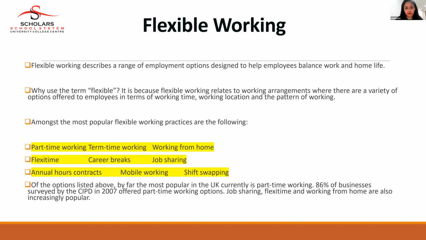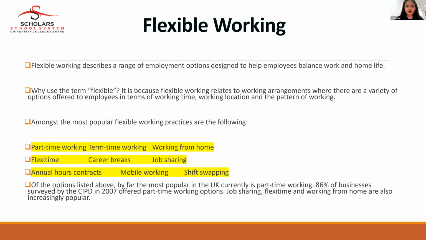If the organization is able to give that opportunity to their employees, then they can do that. Two people can share one job. One of them can do a 9 to 2 shift, and the other one can do a 2 to 8 p.m. shift, something like that. There are annual hours contracts, there are mobile working, there's also shift swapping.